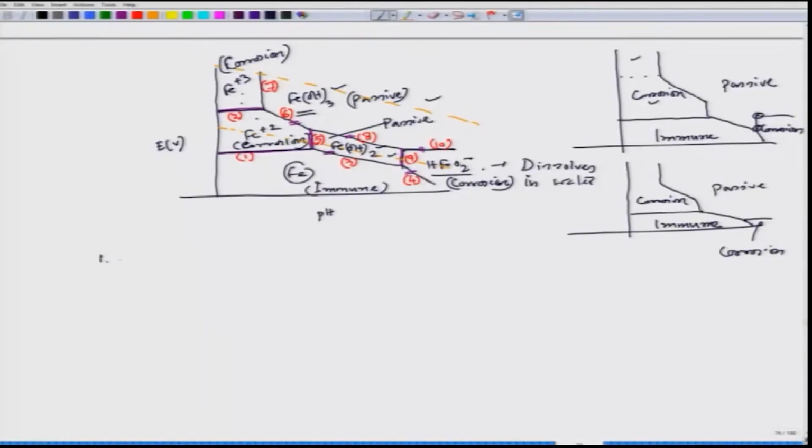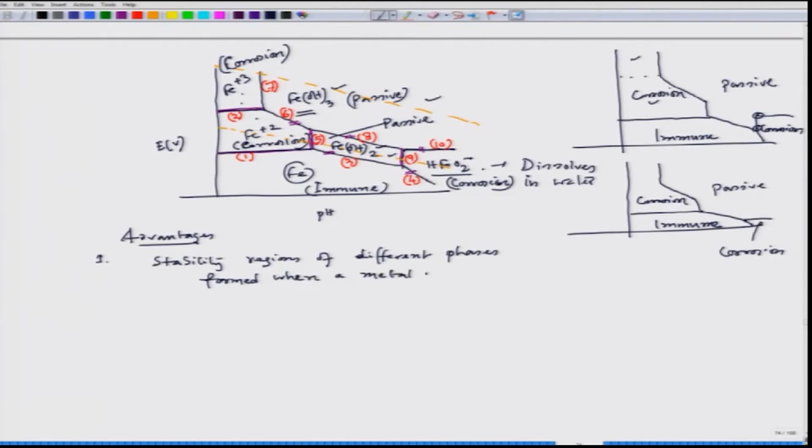The first thing, without going for a detailed calculation, it indicates the stability region of different phases formed when a metal is exposed to H2O with or without oxygen and different pH levels.